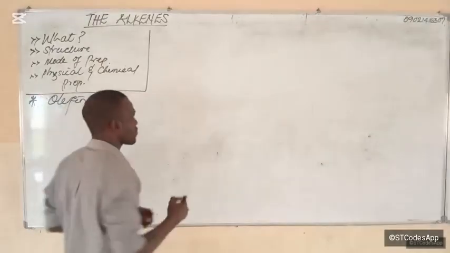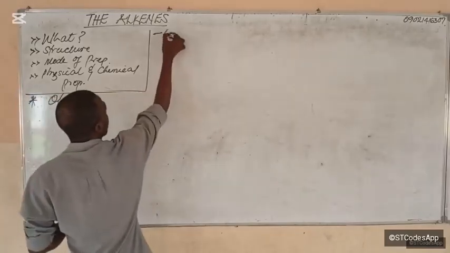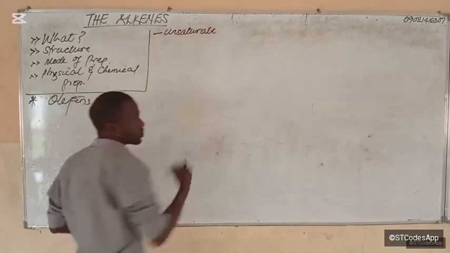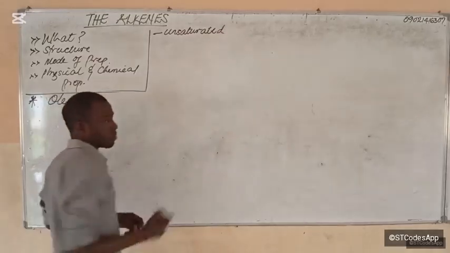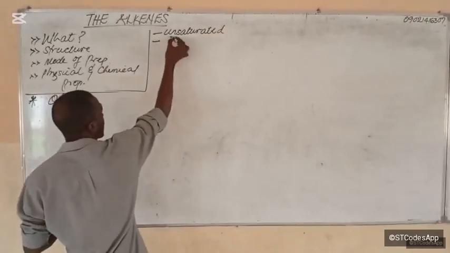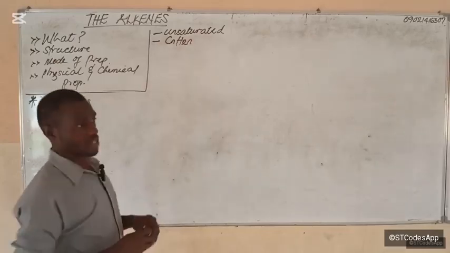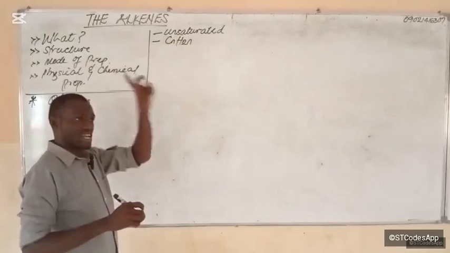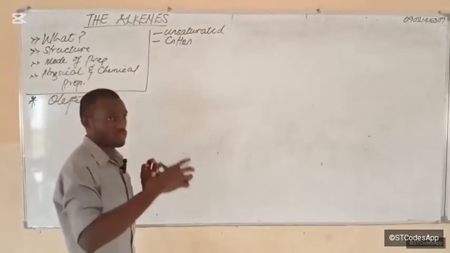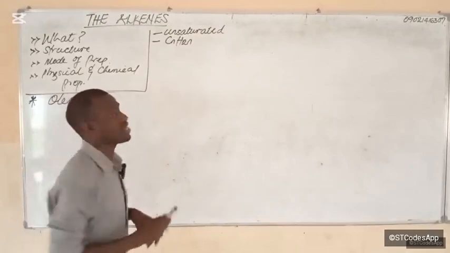They are a group of unsaturated hydrocarbons, which could be cyclic or acyclic, that have the general formula CnH2n, which is 2 hydrogens less than the alkanes, right? Each alkene is going to have 2 hydrogens less than the corresponding alkane.